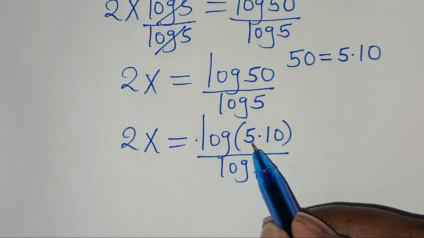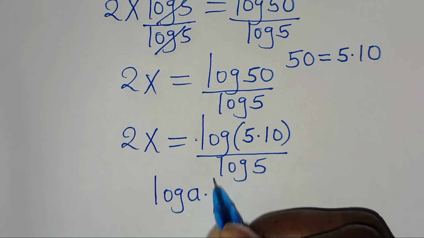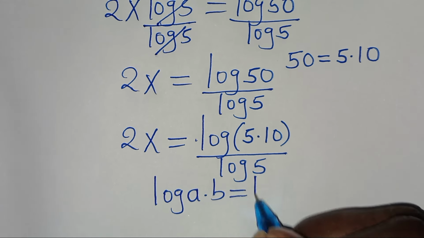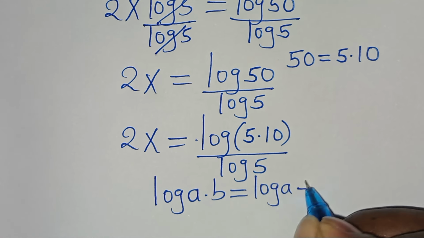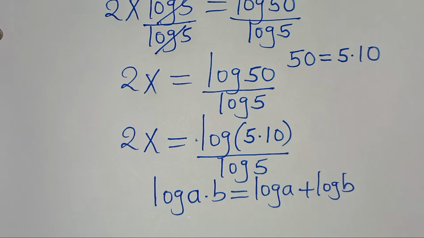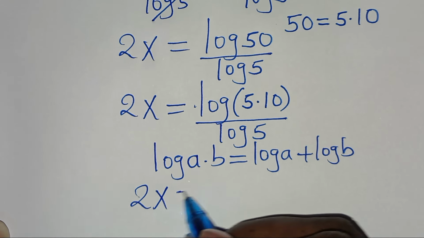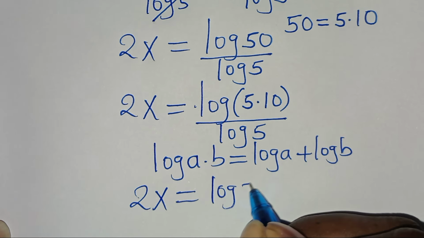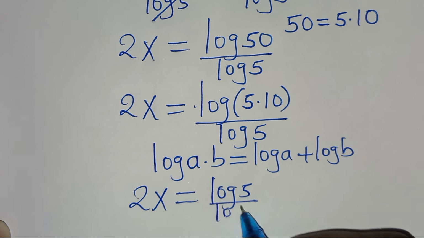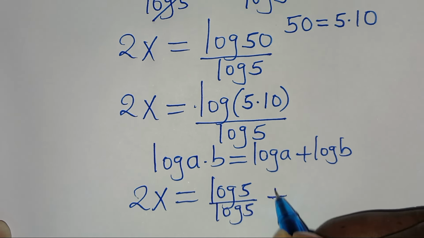So we have that log 5 times 10. This is in the form of log a multiplied by b, which we can express as log a plus log b. Applying this logarithm property, it follows that 2x is equal to log 5 divided by log 5, then plus log 10 divided by log 5.